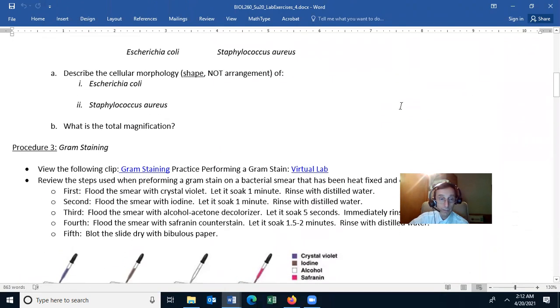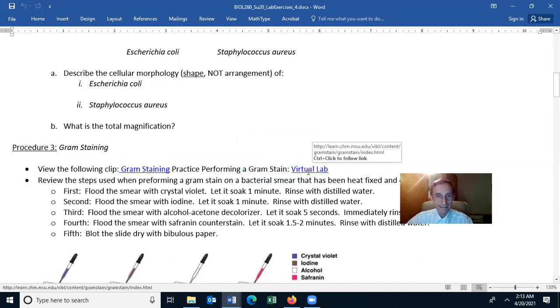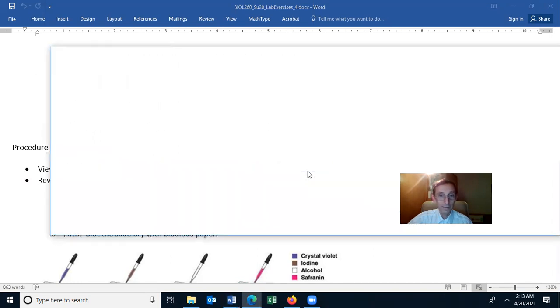Alright, the next procedure, procedure 3, is on the gram stain. Watch the video on performing the gram stain. And you can practice this on the virtual lab. Let me make sure this works. That was rather loud for me. I just want to make sure the virtual lab works. Of course, I should do it from Canvas, not from here.